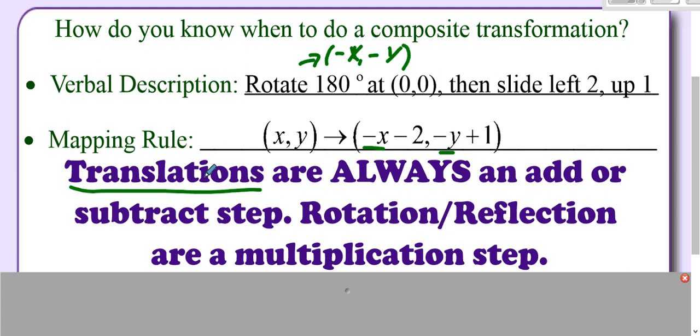So translations are always the add or subtract step. Rotations and reflections always have the multiplication going on. Sometimes X and Y switch places. Sometimes they change signs with the negatives. That's what you're looking for to figure out what it is.